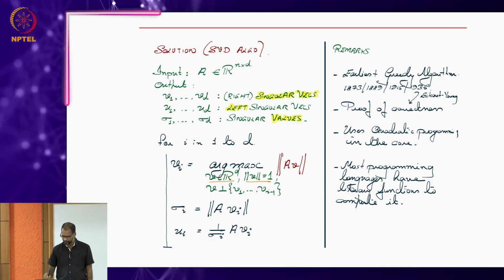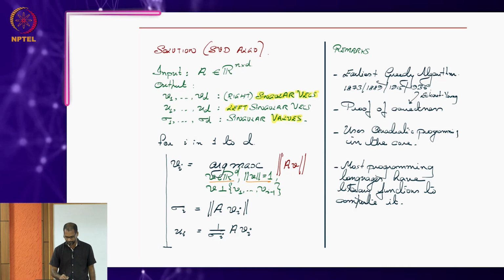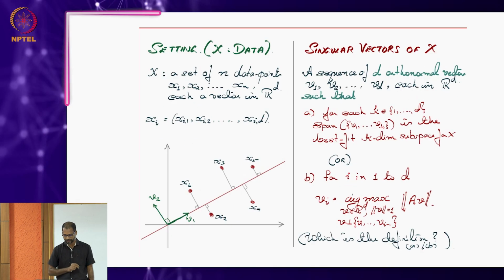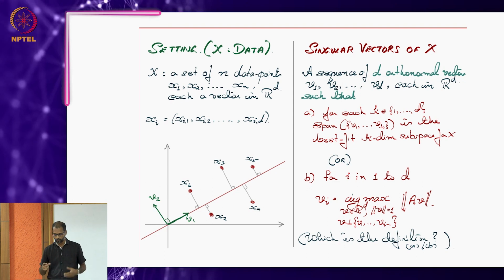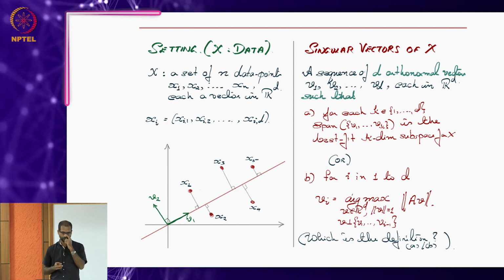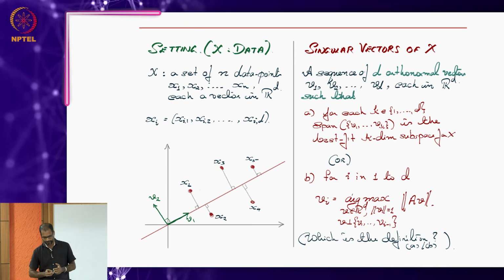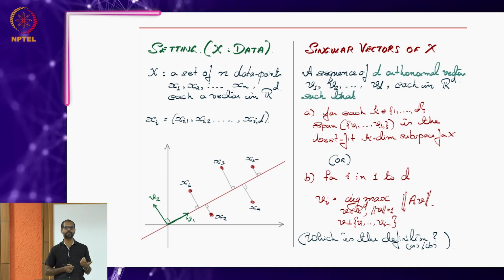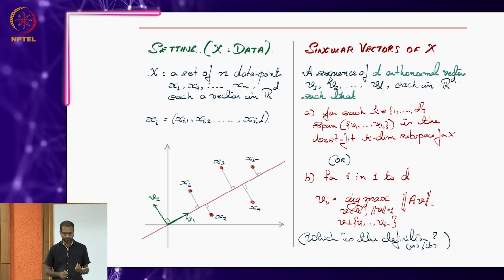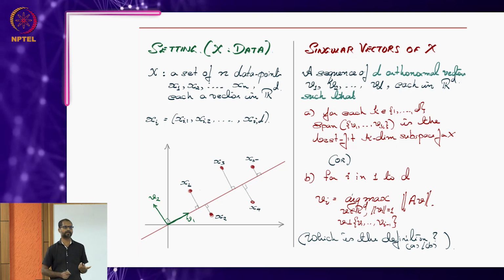Now we will spend time on the proof of correctness part, at least why the second vector is this. Another way, again not a very important slide, but what I want to say is that when you look at literature on SVD, you may see SVD just defined using this algorithm.